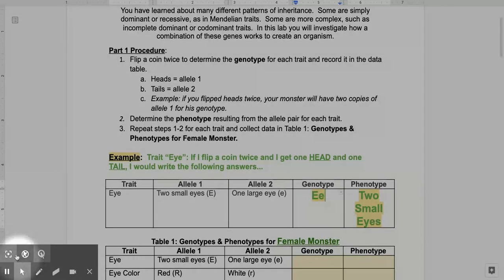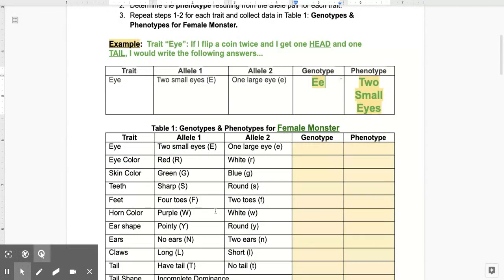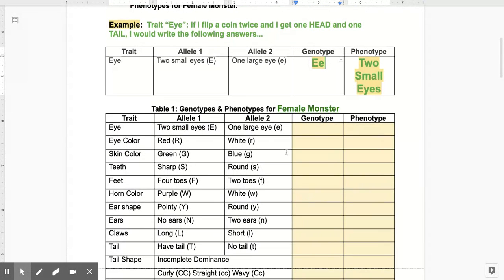So you're going to fill in your chart based on your coin flips. For every trait, like eye color, you need to flip the coin twice, one coin flip for each of the two alleles, and then you'll write down the phenotype. In our first example we got capital E, lowercase e.